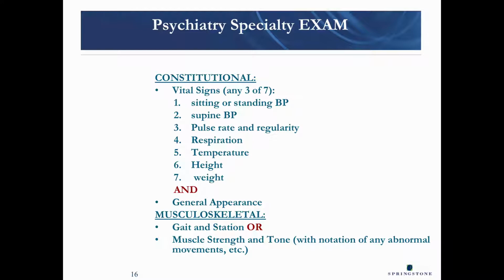So for a comprehensive exam at the highest level of some codes, you need all the bullets, which means vital signs and either gait and station or muscle strength and tone, in addition to all of the mental status, including general appearance.